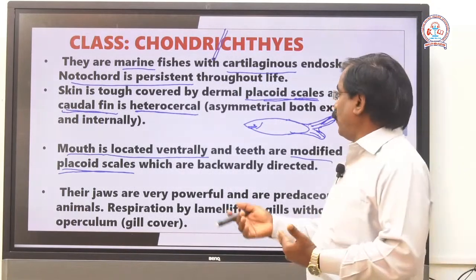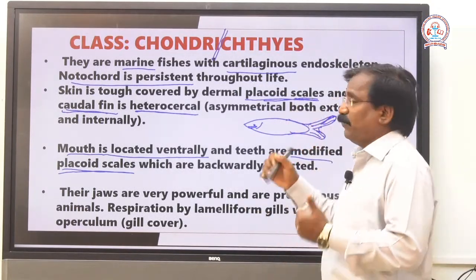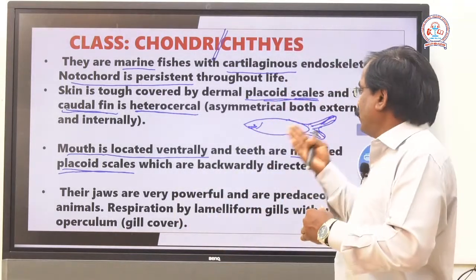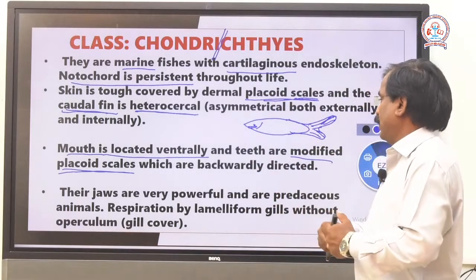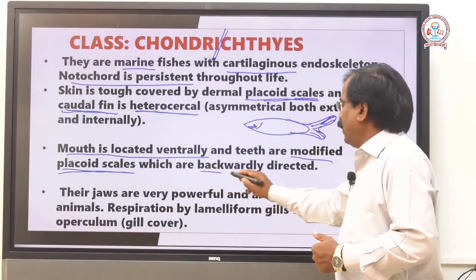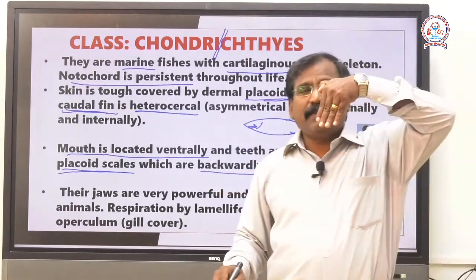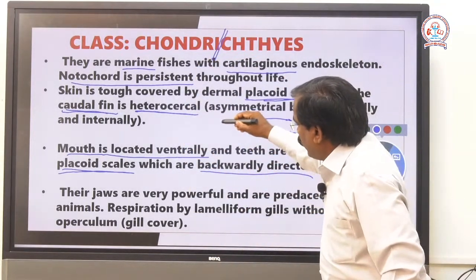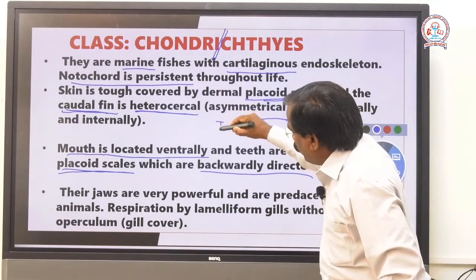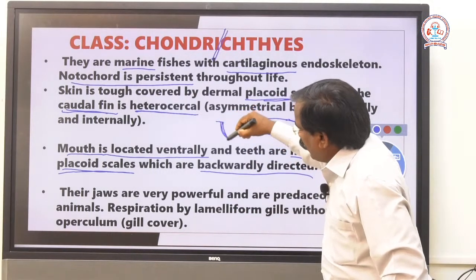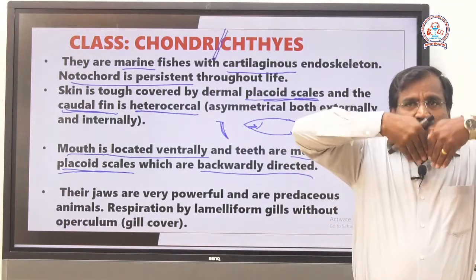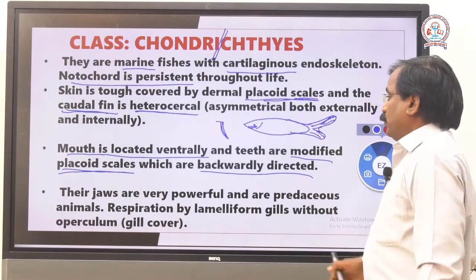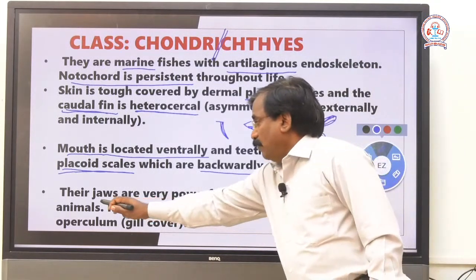The teeth are the modified placoid scales, the scales that cover the body. The placoid scales are modified into teeth, which are backwardly directed. Curved backward.